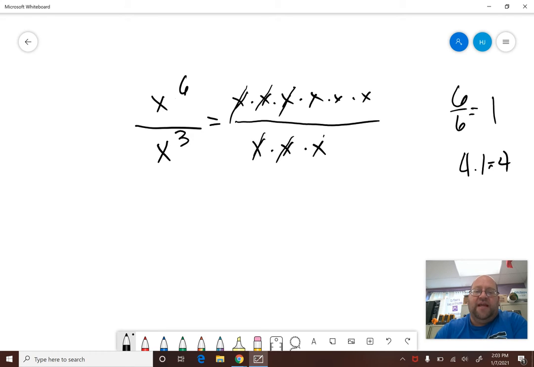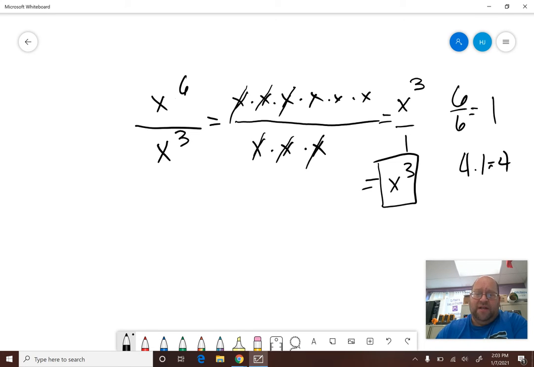Now my question to you is, how many x's do I have left, and where are they? Are they on top or on the bottom? If you notice, I have 3 x's on top. So I have x times x times x, which is the same thing as x to the 3rd, over 1, which simply simplifies to x to the 3rd. So this particular problem would just end up being x to the 3rd.